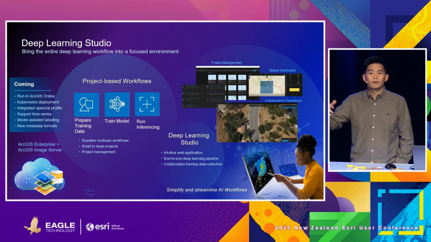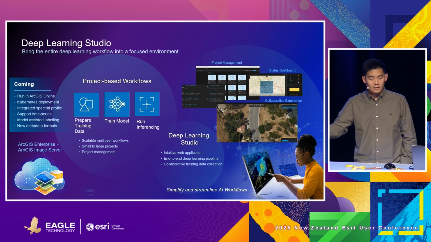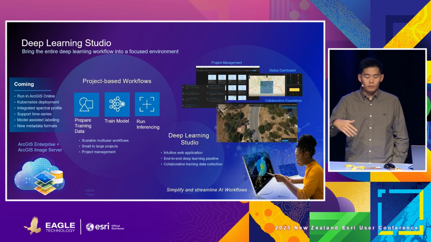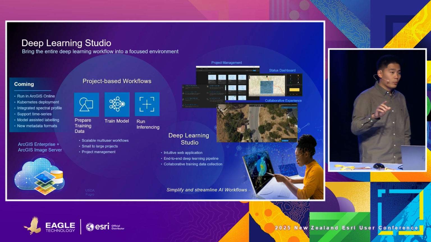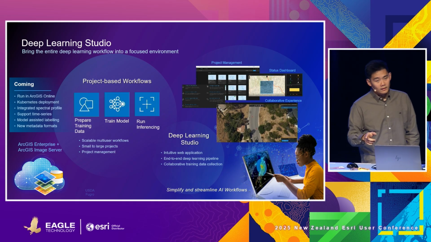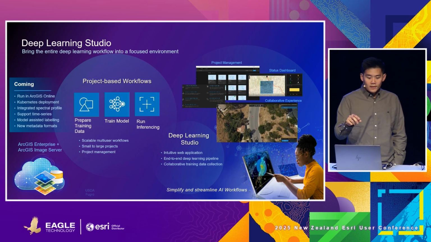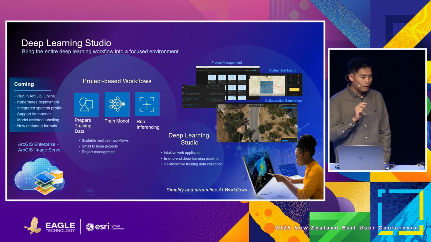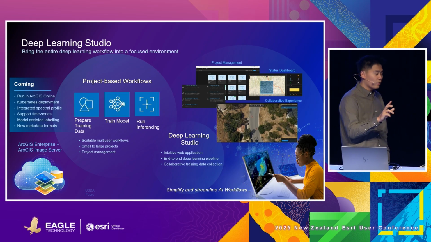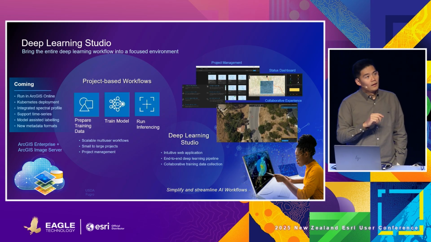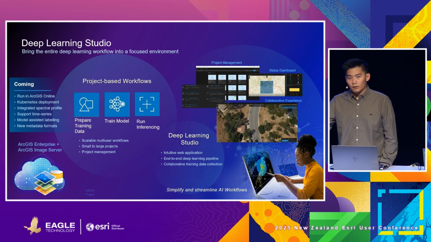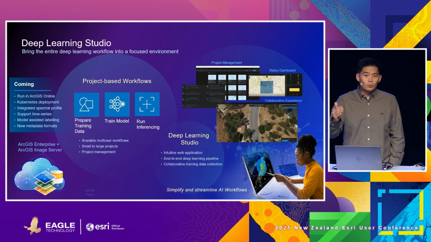You can have one or multiple Raster Analytics Servers, which you can scale horizontally or vertically. But we'll come back to scalability at the end. With this approach, you're doing your processing on the Raster Analytics Server.